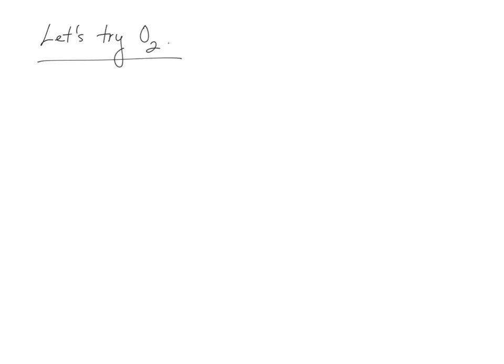So here we're going to try oxygen, O2. So remember, oxygen does not exist by itself. So take a minute and draw out both oxygens and see if you could see where they're going to be bonding to one another.